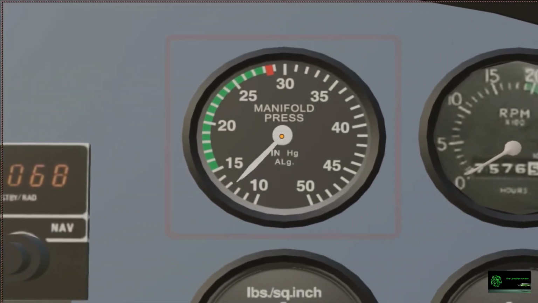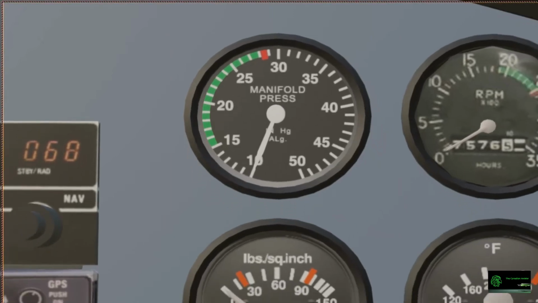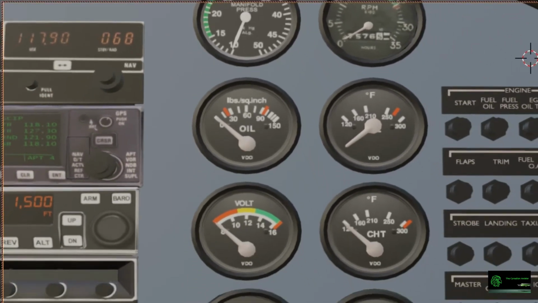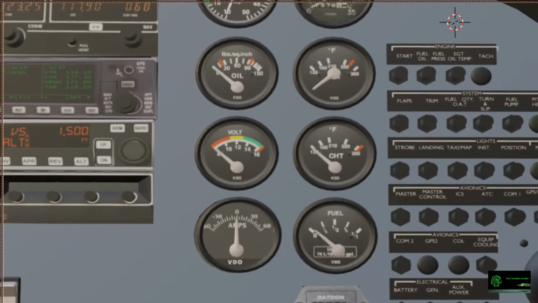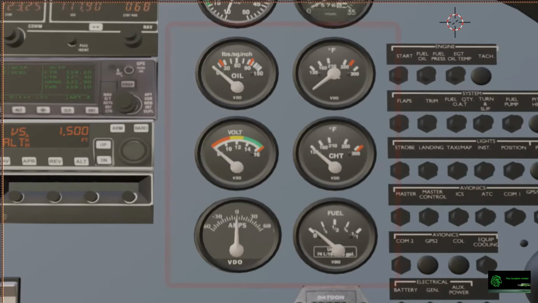The manifold pressure gauge, which measures the negative pressure inside the induction system of an engine. Here are some engine gauges used to monitor the engine performance, and not all light general aviation aircraft will have these gauges.